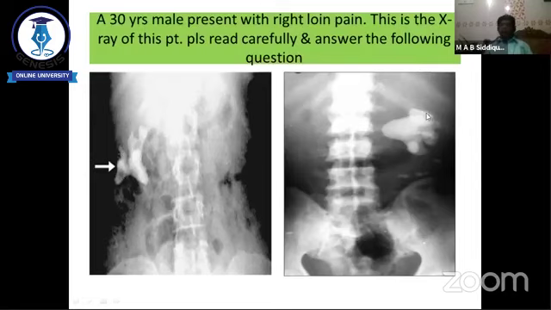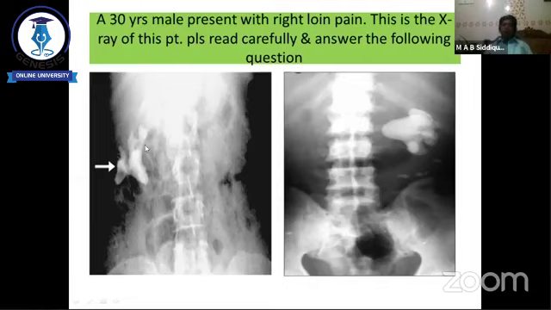If you see a radiopaque shadow on the left side, it is easier to diagnose than a radiopaque shadow on the right side, because in this region 10% of gallstones may be radiopaque, so you cannot differentiate by a single X-ray whether it is a renal stone or a gallstone. But in this picture, it looks like a staghorn, so you can assume that it is a renal stone.